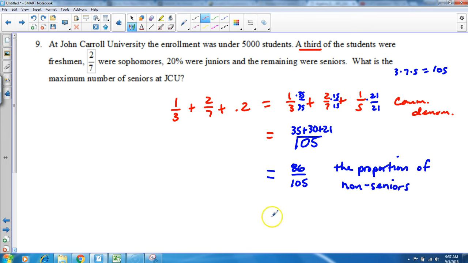That's what this gives us. So the proportion of seniors then would be 1 minus that. Whatever the remainder of that is, it's called the complement. So 1 minus 86 over 105 is going to be the proportion of seniors.